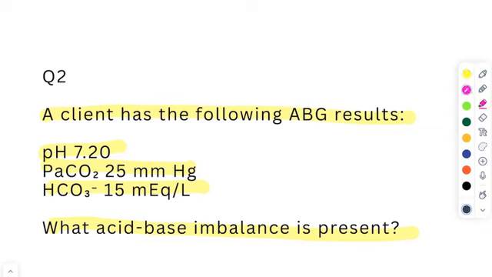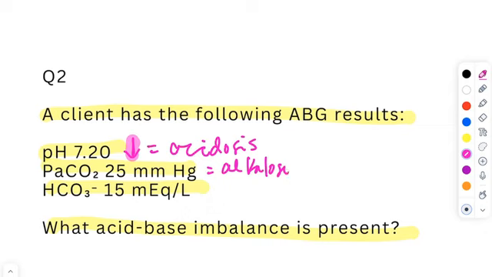Let's start with the pH, right? Our pH is on the low side. So we're going to consider that as an acidosis, right? And then look at our PaCO₂. The PaCO₂ is on the low side, so that tells us that the lungs are trying to compensate. It's breathing a little faster. So this is going to be your alkalosis part.